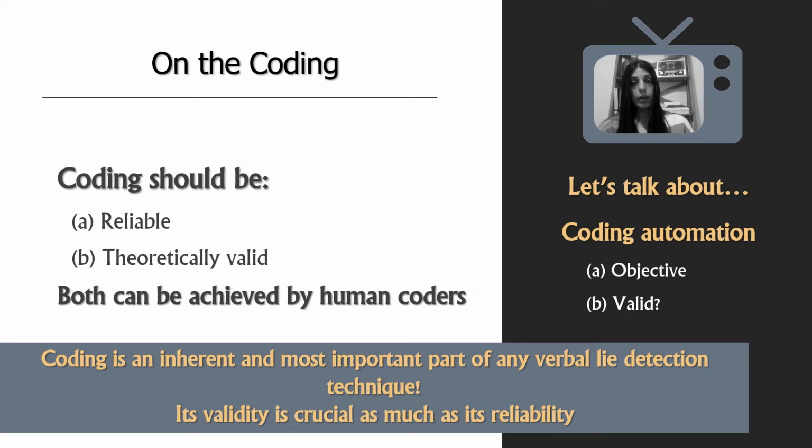Let's talk about automation of coding then, as several researchers suggested it as a solution to the issue I just raised. The main argument is that automatic coding is more objective. I agree. However, the problem is not objectivity, as usually labs achieve reasonable inter-judge reliabilities.